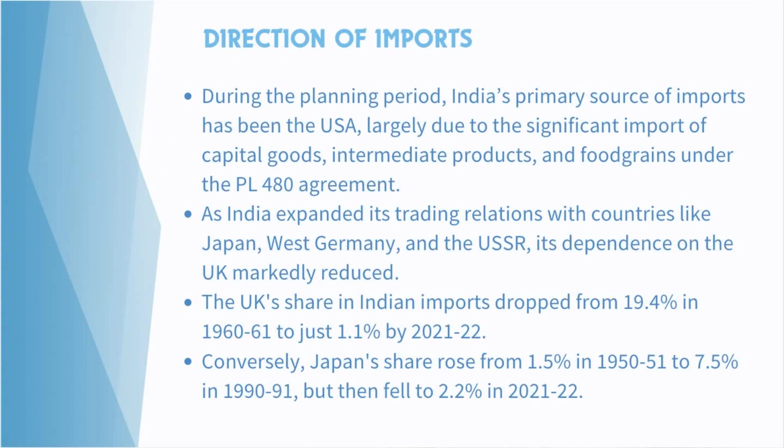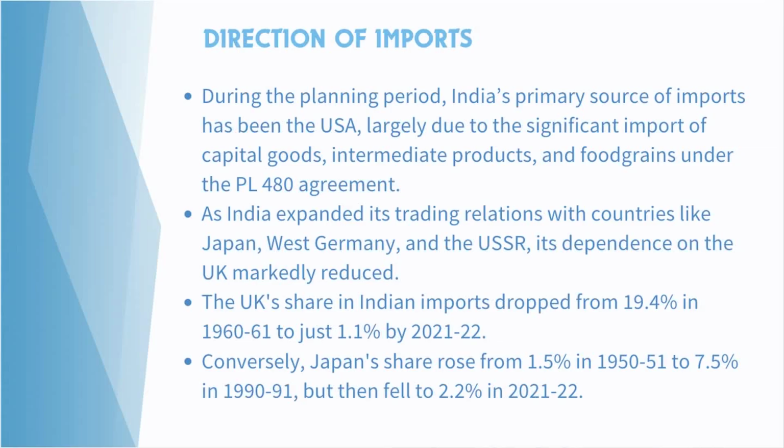Now, during this planning period, India's primary source of imports has been the USA, largely due to the significant import of capital goods, intermediate goods, and food grains under the PL 480 agreement we have already discussed in the earlier units as well. So, as India expanded its trading relations with other countries like Japan, West Germany, and the USSR, its dependence on the UK markedly reduced.